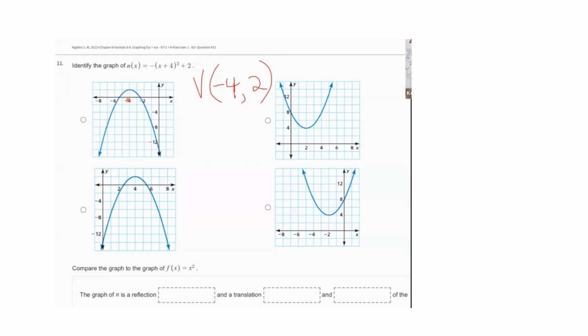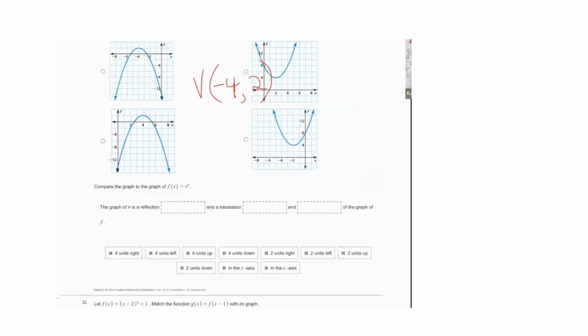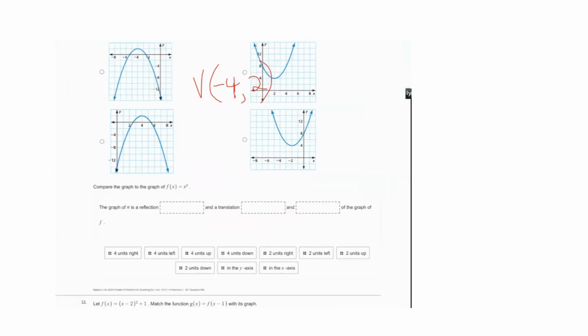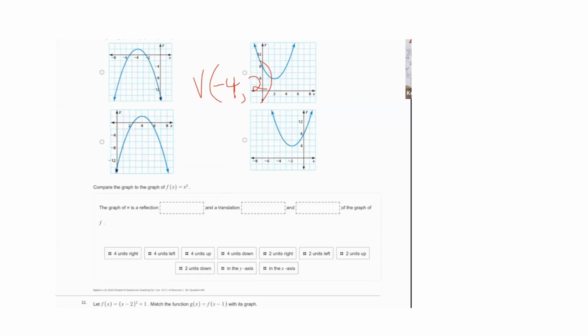So we're going to take a look down here and see what is going to go in these blanks. Remember I talked about reflections. Reflections are like flips. It's going to be reflected because it's frowny, it's upside down. And that is like when you were in elementary school, you learned it was a flip.